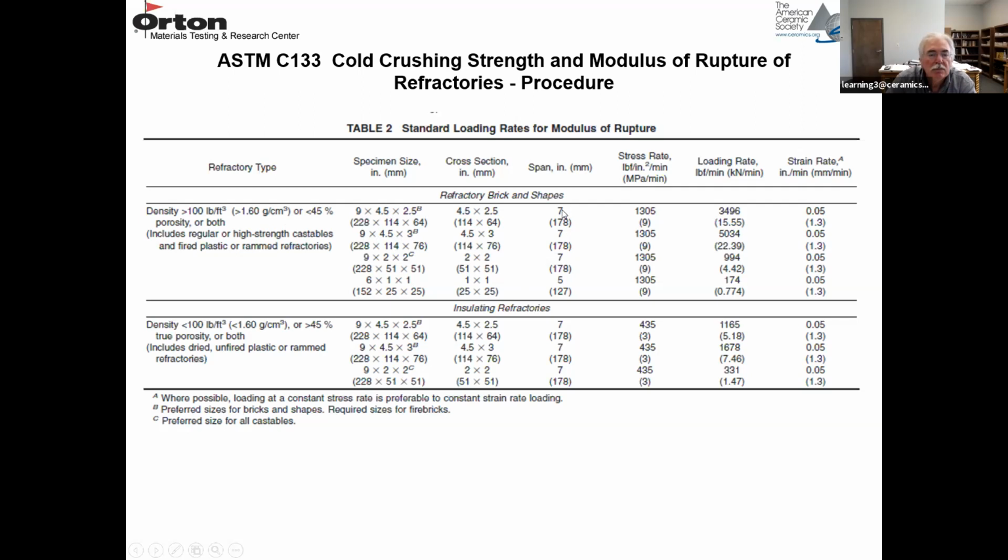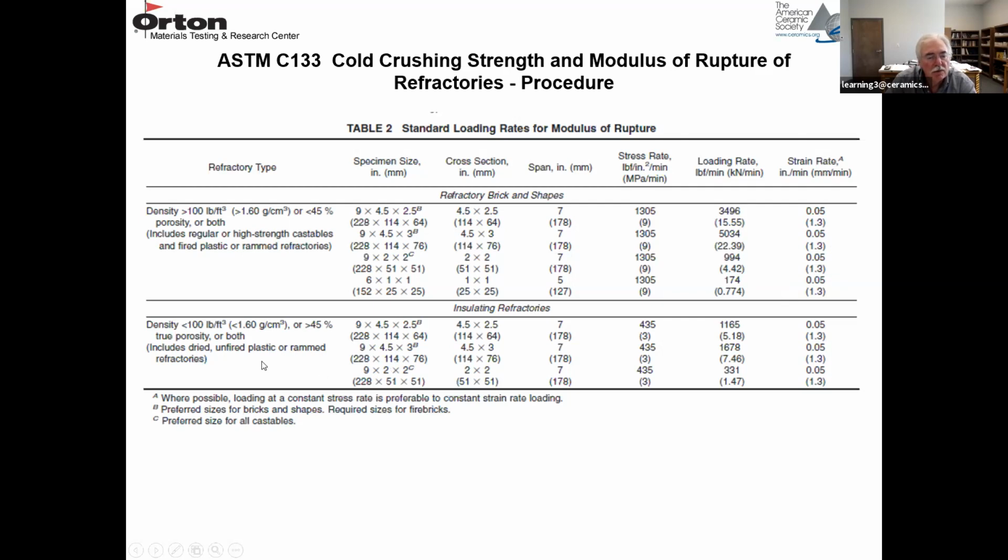The spans for the 9-inch long ones are 7 inches and 5 inches for the 6-inch long one. And the stressing rates are always 1,305 PSI per minute. And that gives a loading rate based on the sample size in pounds per minute, ranging from about 5,000 down to 174, depending on the sample size. And the strain rates are always 0.05 inches per minute.